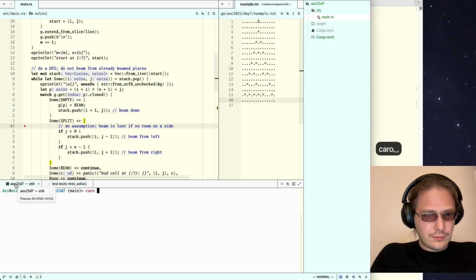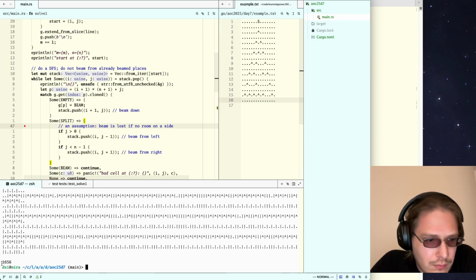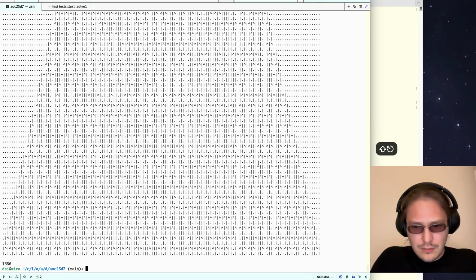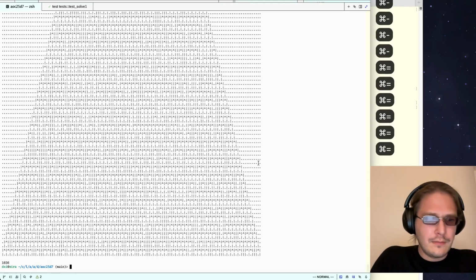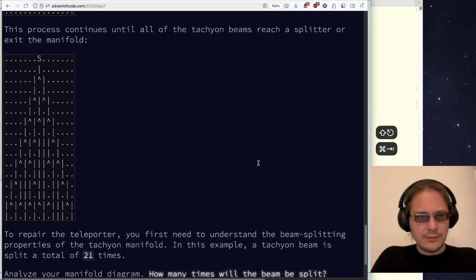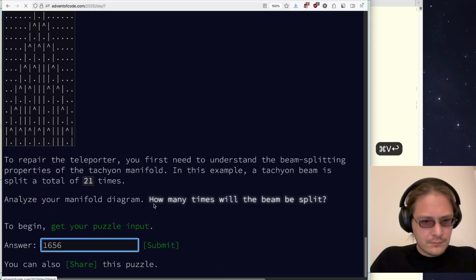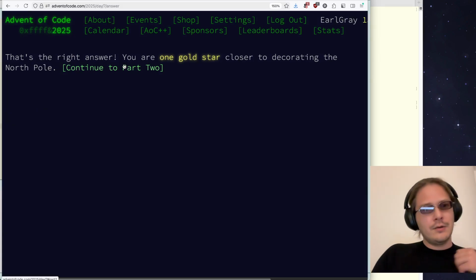Now the moment of truth. Cargo run. Oh. Is there any nice drawing in here? Yeah, it's just a New Year tree. Let's try that. Yay. Continue to part 2.